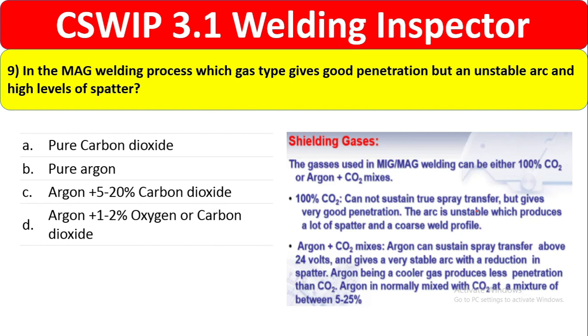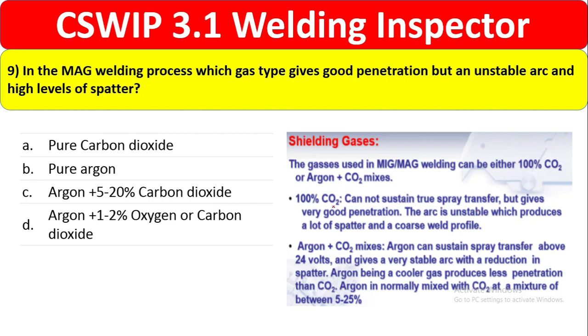Shielding gases. The gases used in MIG or MAG welding are 100% CO2 or argon plus CO2 mixtures. Now 100% CO2 cannot sustain true spray transfer but gives very good penetration. The arc is unstable, which produces a lot of spatter and a coarse weld profile.